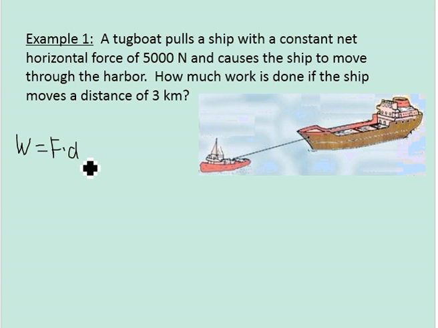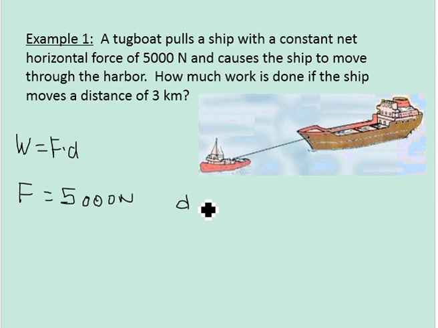So as a result, we say that they're in the same direction. The tugboat's pulling in a certain direction. The ship is moving in that direction. So as a result, the force and the displacement are parallel. The angle between them is 0. So we end up with a simplified equation for work where we can just say work equals force times displacement. So the size of our force is 5,000 newtons.